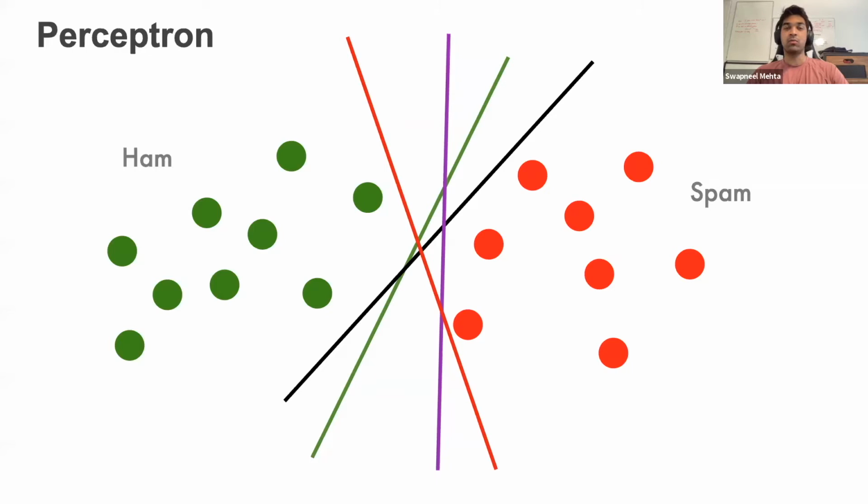With black, again, it's close to red and close to green. Purple is super close to red, not close to green. Slight imbalance there. Whereas green is roughly equidistant from the closest greens and the closest reds and maximizes that distance.